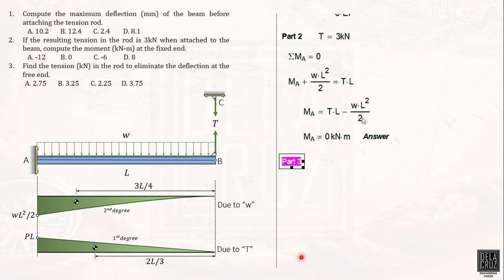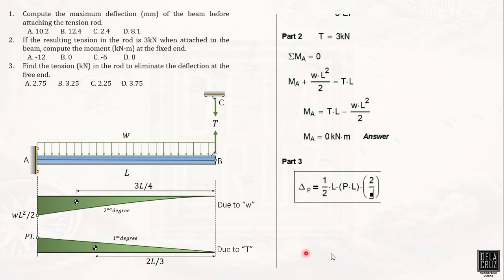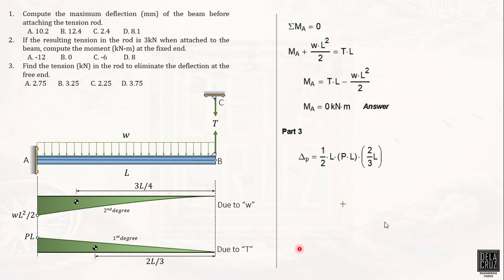part 3. We have here the deflection due to the concentrated load P. Let me just call this one P, no? So that would be the area, 1/2 of L times PL, times the moment arm 2/3 of L. Okay? Of course, divided by EI tayo dyan.